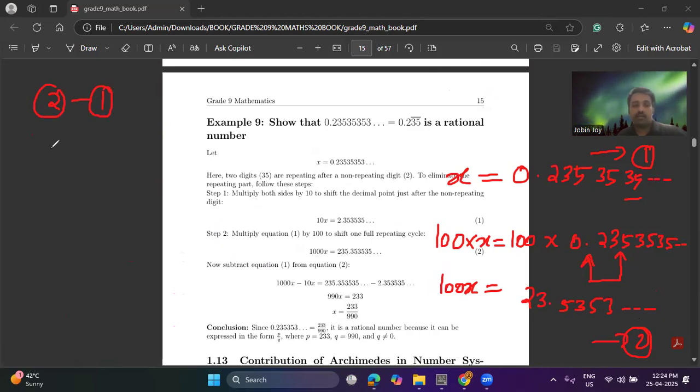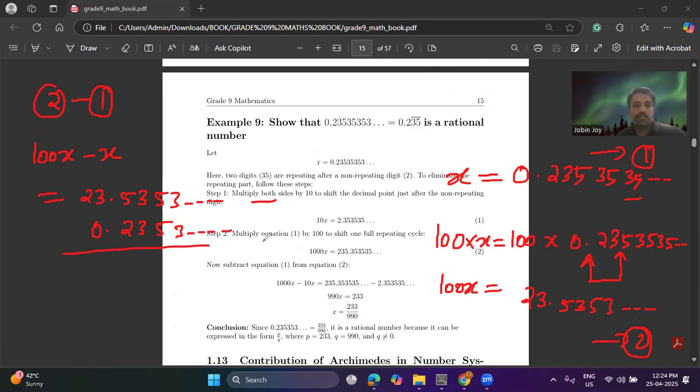What is equation number 2? 100x minus x will be equal to 23.5353, etc. minus 0.235235, etc. So 3 minus 3, 0. 5 minus 5, 0. 3 minus 3, 0. 5 minus 2 is 3, then 23.